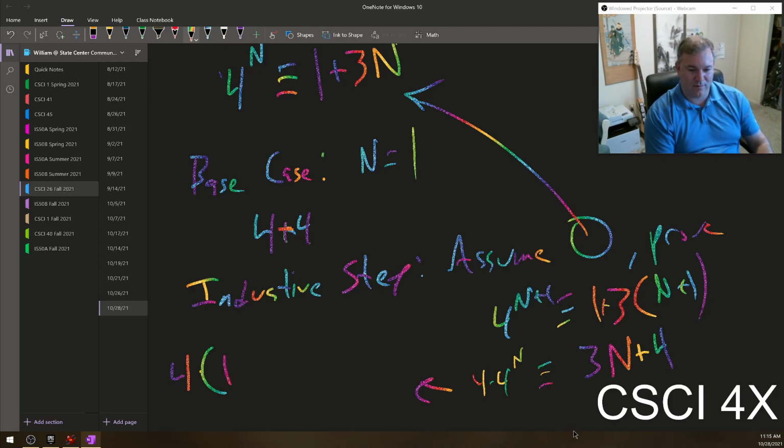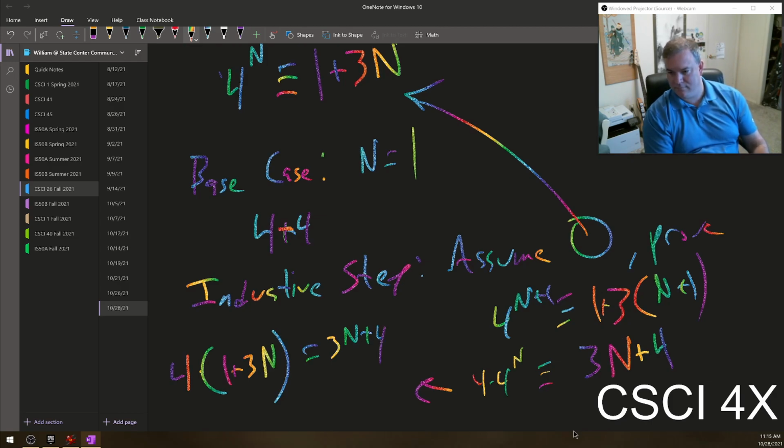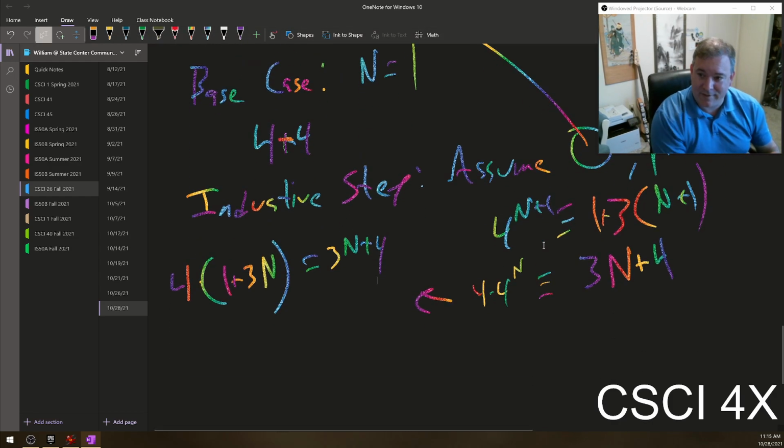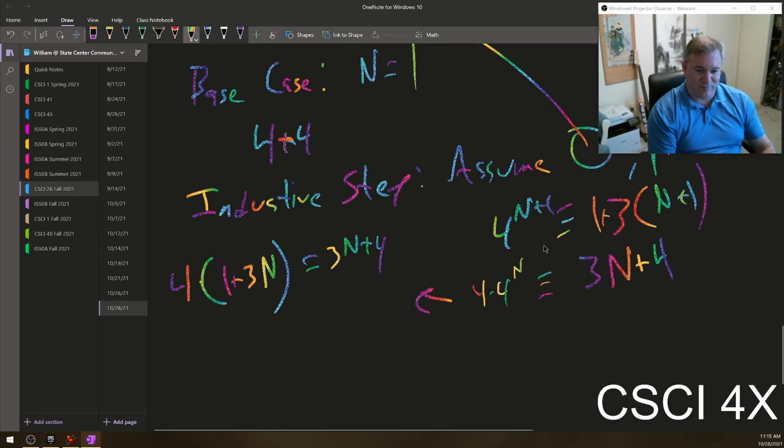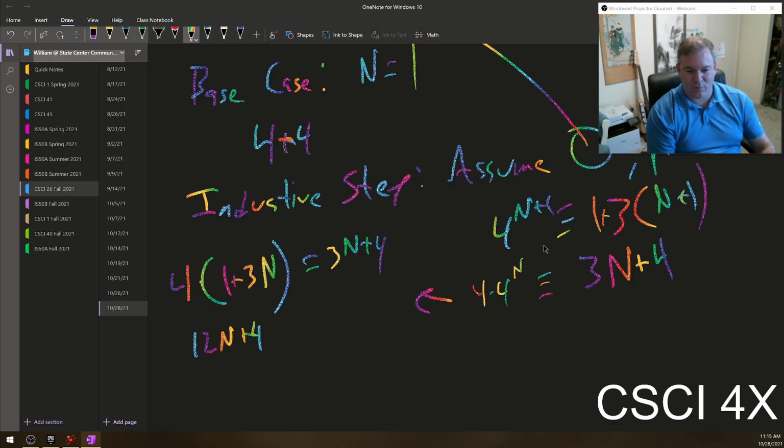Now this looks like I made a mistake, but I don't think I did. So let's multiply it out. Let's find out. We get 12n plus 4.